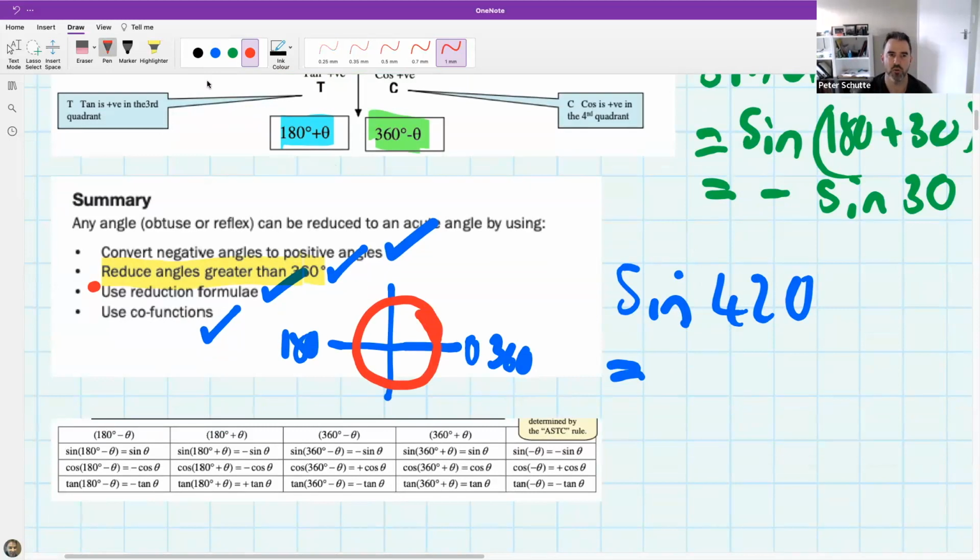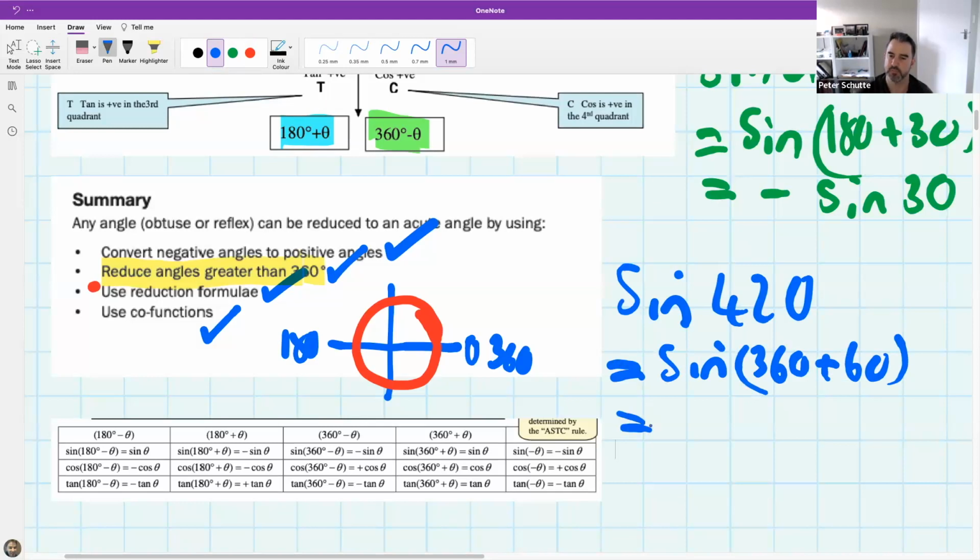What's the nearest horizontal? I think the nearest horizontal is 360. And so you would rewrite this as that. What is that going to reduce to? So you know it's 360 plus 60.